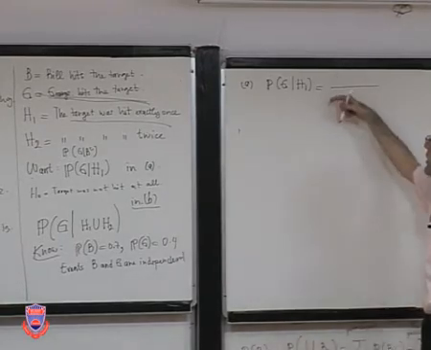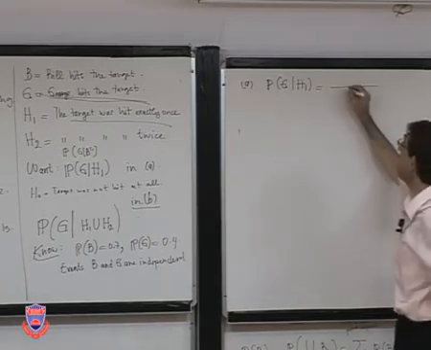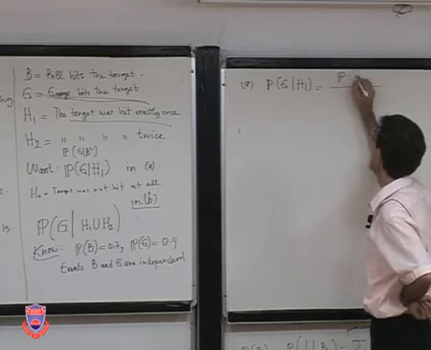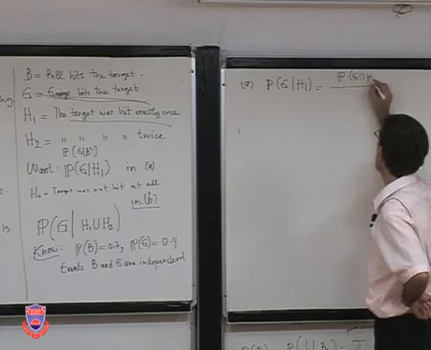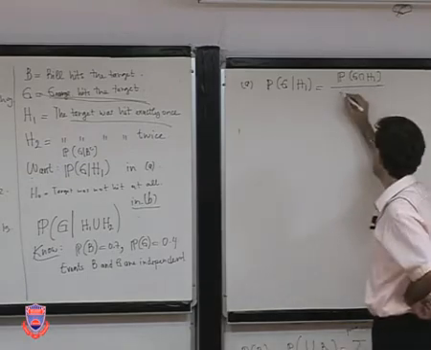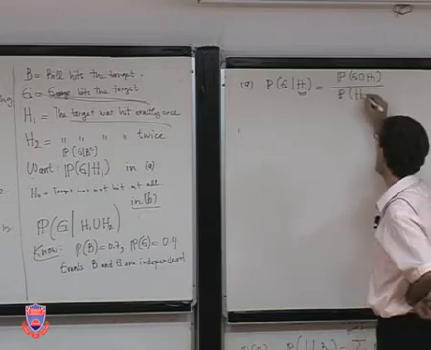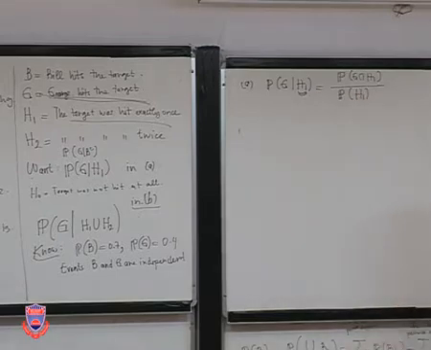It is a quotient: 2 numbers, one divided by the other. In the numerator, you have the joint probability of events G and H1. In the denominator, you have the probability of the event that you are told has happened, namely the target was hit exactly once.